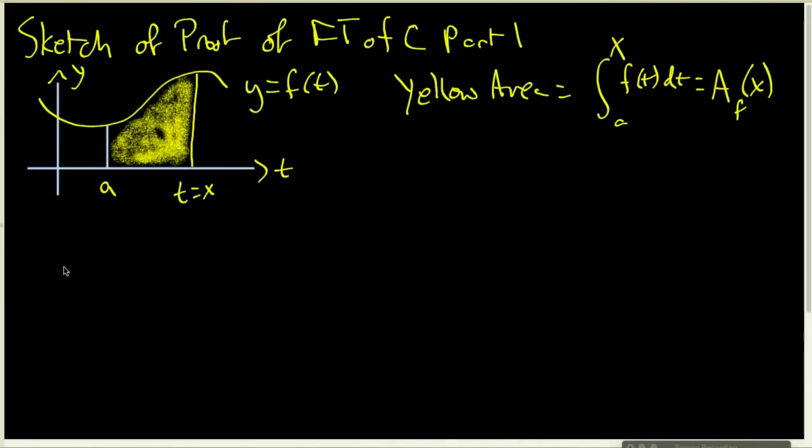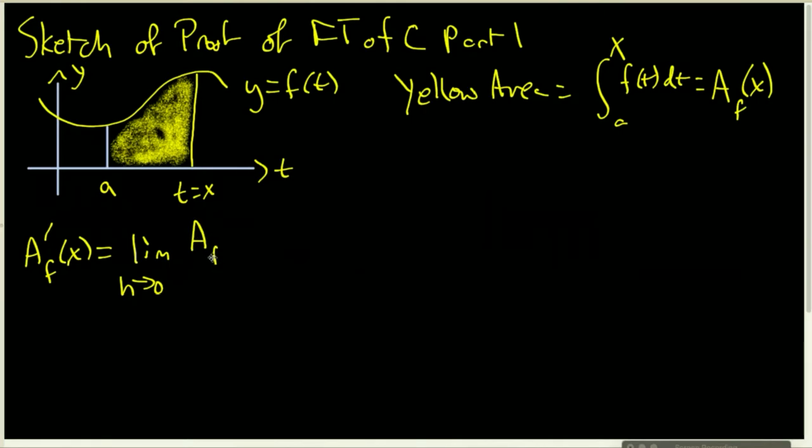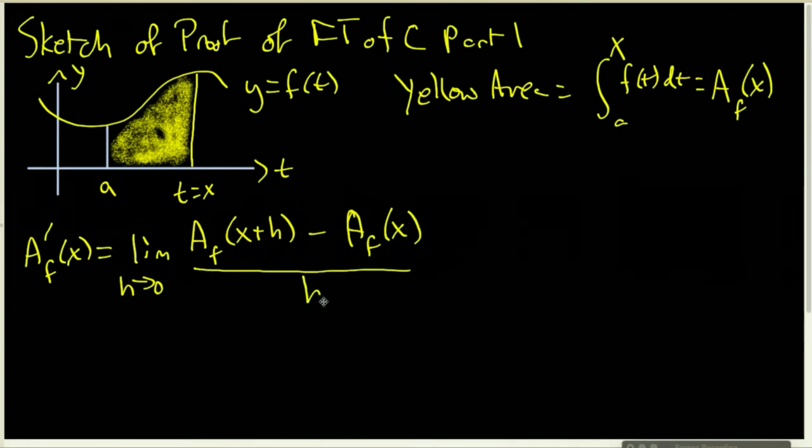Now, the derivative of our area accumulation function is supposed to be the limit as h goes to 0 of A of x plus h minus A of x, all over h. And I know what these things are in terms of formula.